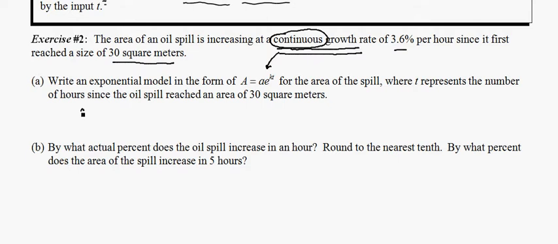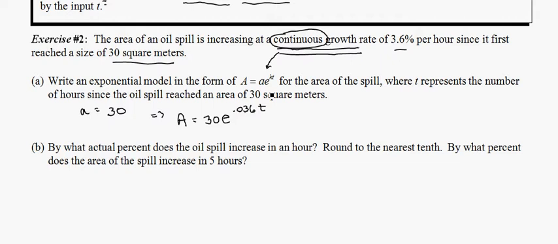Well, the way that we do this is that a, that initial value, is still going to be what we initially have. The big difference is now the model is very easy to write. The area is going to be 30 times e to the 0.036t. Notice, not 1.036, 0.036.